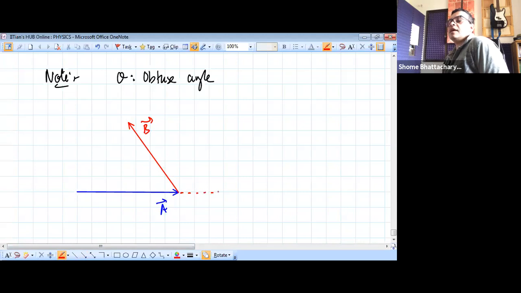So always the angle theta is the angle between the two vectors. So that is the exterior angle of the triangle. So how to substitute in the formula or how to find out the third side when something like this happens.